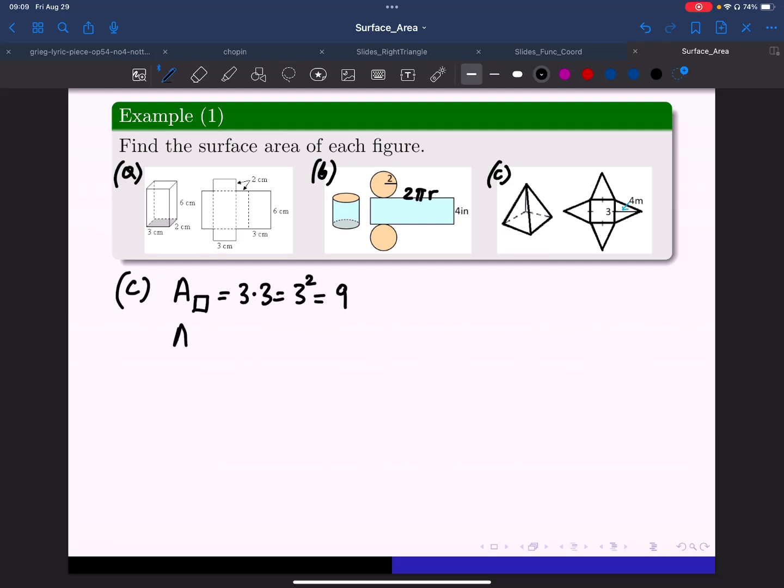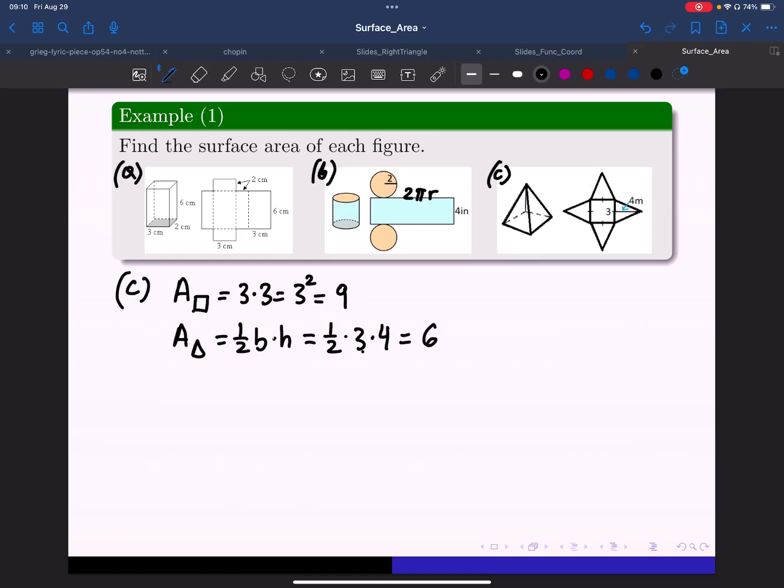And then the area of the triangle is 1/2 base times height. So in that case it would be 1/2. My base is right here, so it's 3, and my height is 4. So times 3 times 4, and 3 times 4 is 12, times 1/2 is 6.